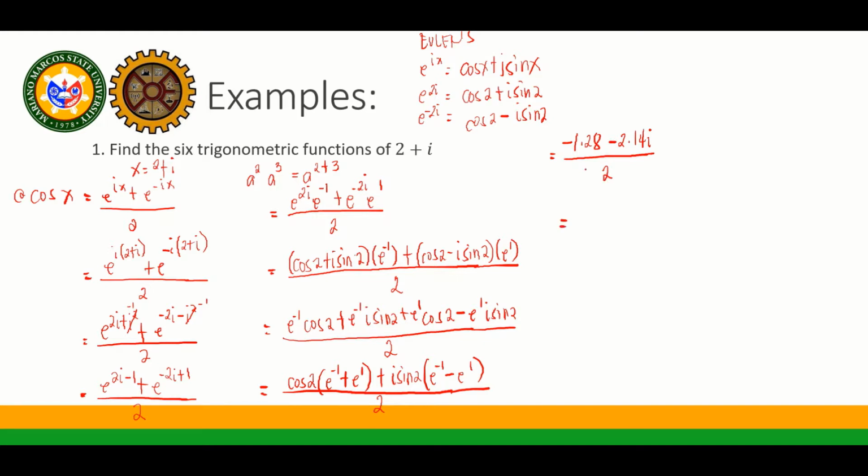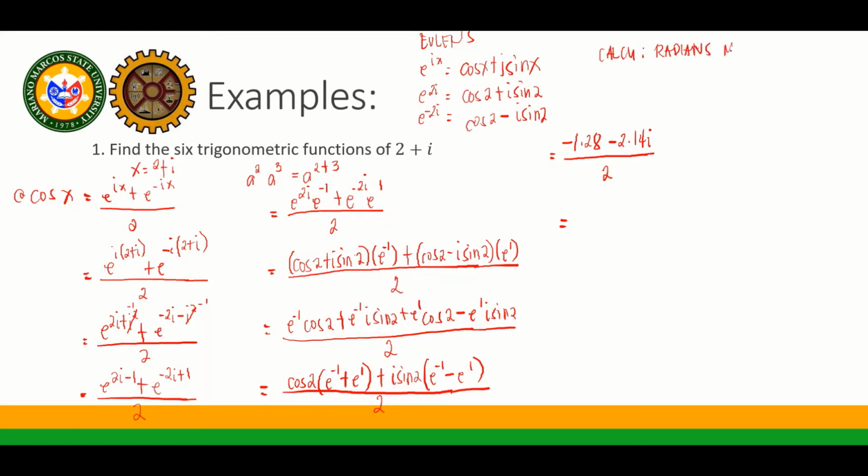Now, you can calculate this directly on your calculators. Just use the complex mode. And I forgot to say, when you solve trigonometric functions of a complex number, your calculator must be in radians mode.